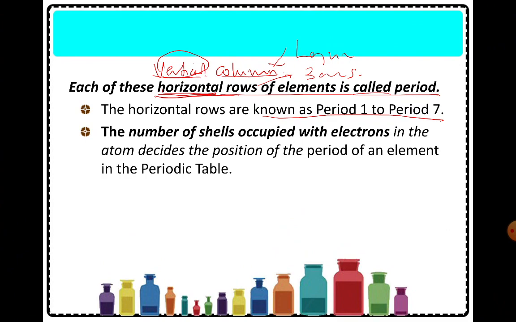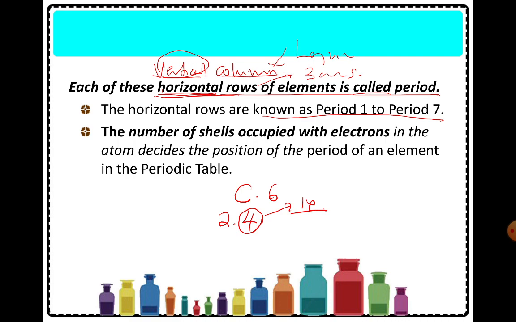Like example, I want to do the carbon. Okay, carbon number proton is 6, so electron also 6. The electron arrangement is 2.4. So we know that the group is 14. Group is 14, and then for the period we have to know the number of shells occupied with electrons.